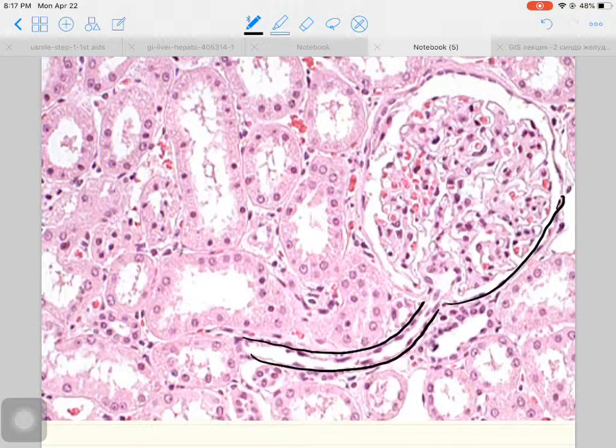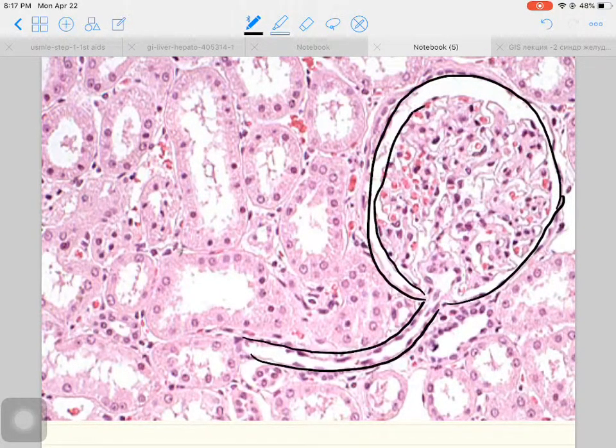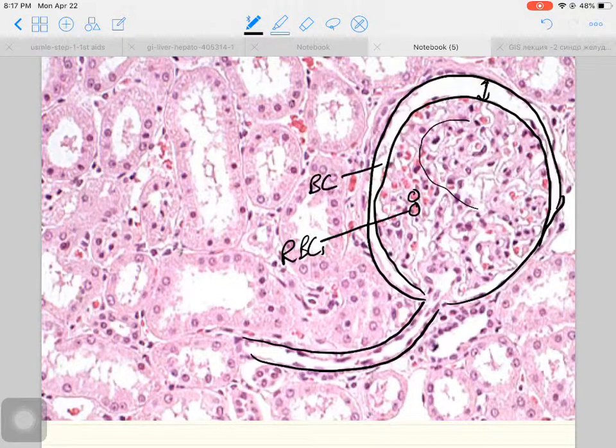So here we have the afferent arteriole, the renal corpuscle, the Bowman's capsule. This is the Bowman's capsule, and here capillaries. Here the RBCs, these are the red blood cells. This is the Bowman's capsule, and here we have the distal convoluted tubule. Here we have the macula densa cell.